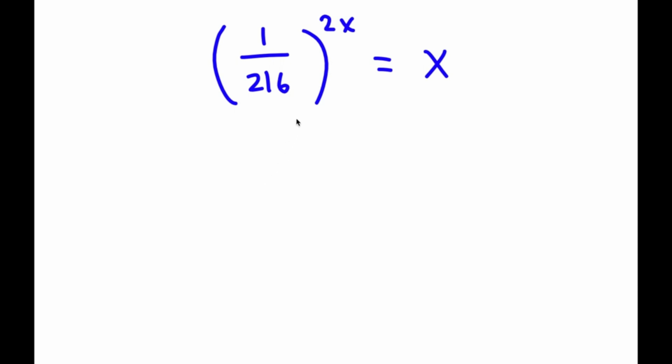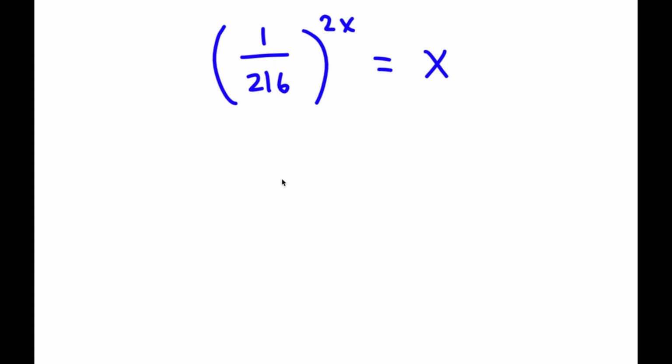Alright, so in this problem, I have 1 over 216 to the power of 2x is equal to x. Now, the first thing I'm going to do is take the reciprocal on both sides.